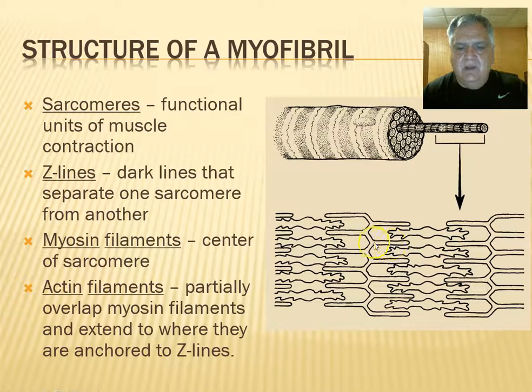So we can see each of the actin filaments, and we can see how the actin filaments are connected to the Z line. Now I've got to tell you that this Z line is not actually a line at all. It's more like a disc, and some anatomists actually refer to it as the Z disc.